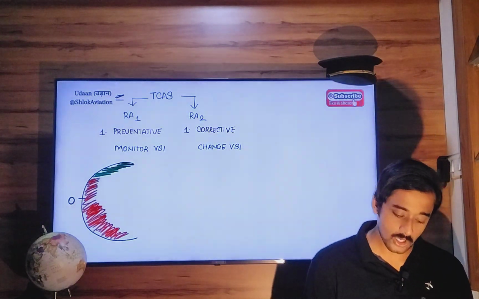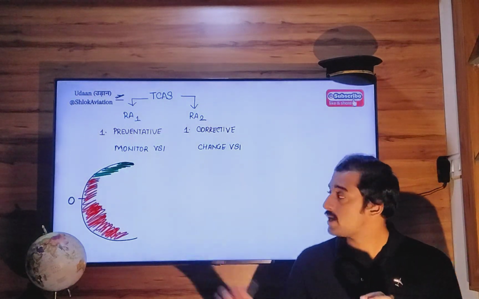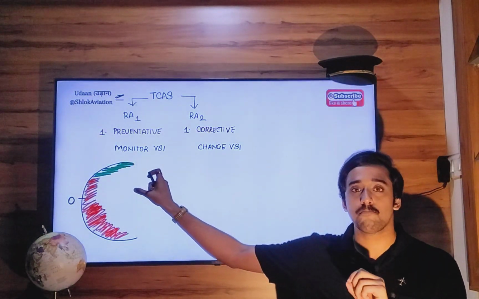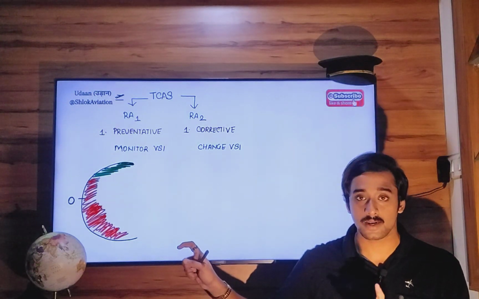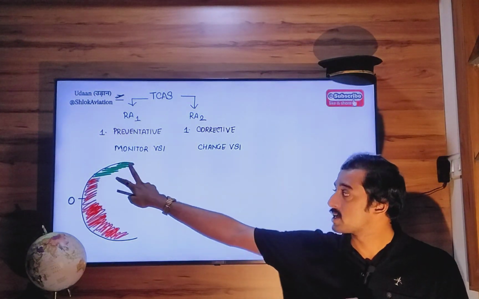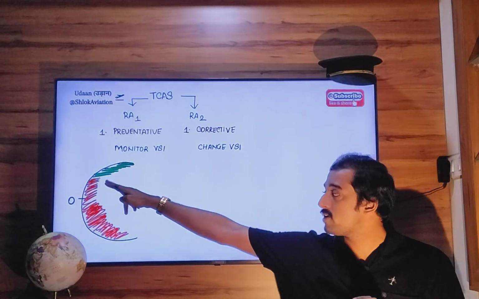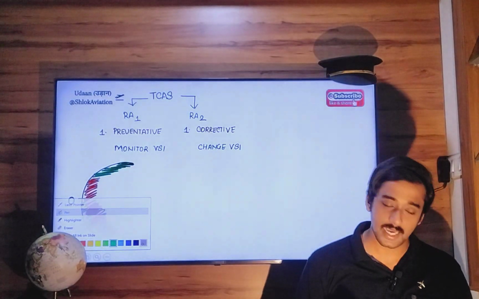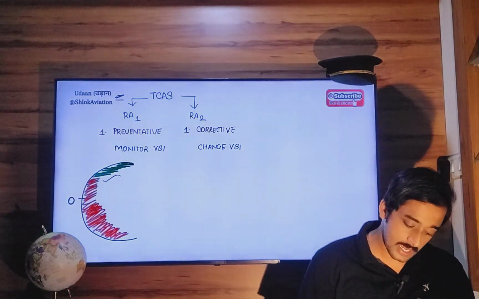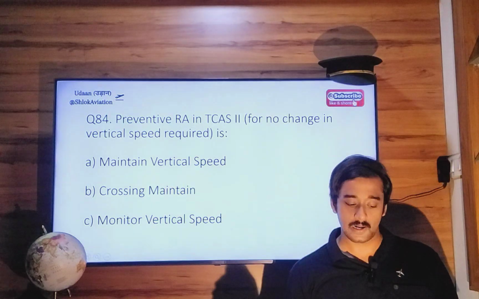So your job as a pilot is to keep your vertical speed in this particular green color band. Any vertical speed, but it should be limited within this green band. You should not have a vertical speed anywhere in this red color band. So that is called preventative resolution advisory.